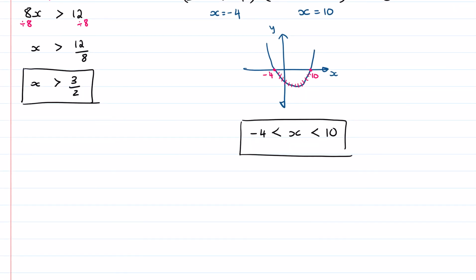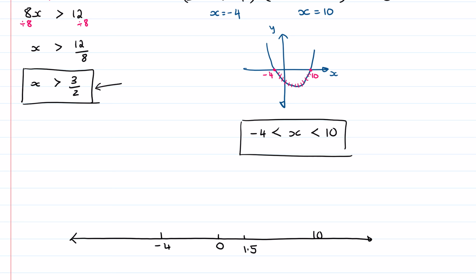inequalities? So the best thing to do is to draw a number line. So I've got 0 here, minus 4 around there, 10 is here, and this is 1.5. So 1.5 around there.